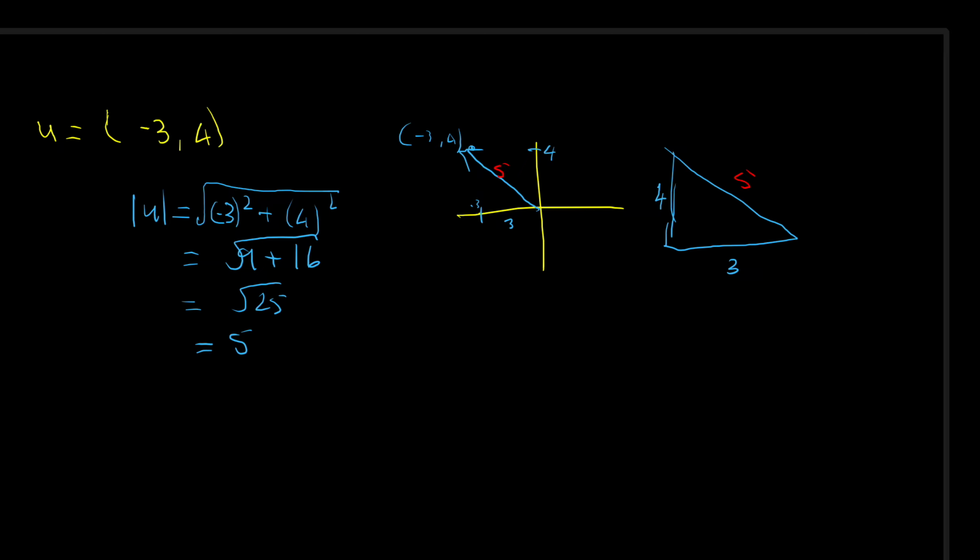So let's look at the angle. Remember, we always use the angle as if it is in the first quadrant. So the tangent of theta is the opposite over the adjacent, so it's 4 over 3. To get the angle, theta is going to be arctan of 4 divided by 3. Remember on your calculator to use the second function tan, and then put in your fraction, 4 divided by 3.